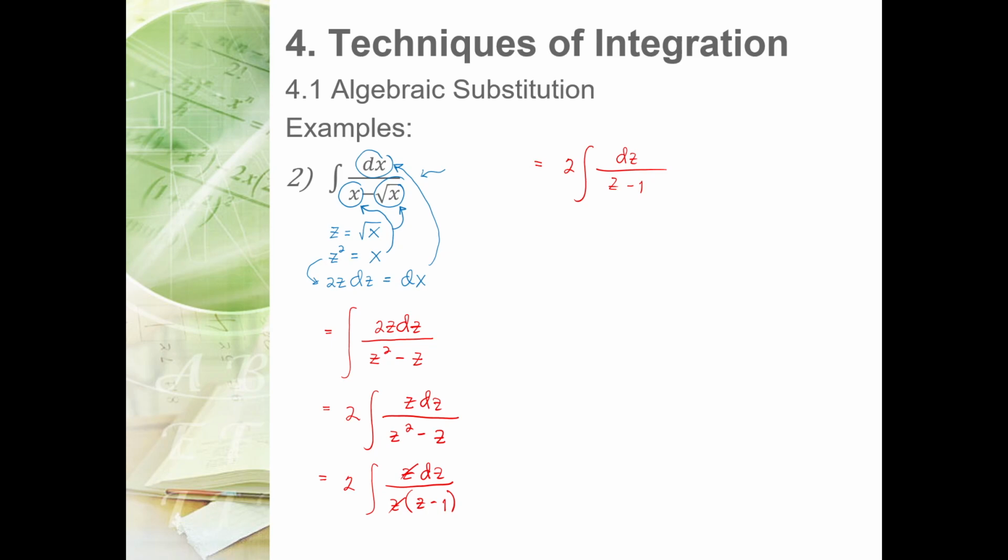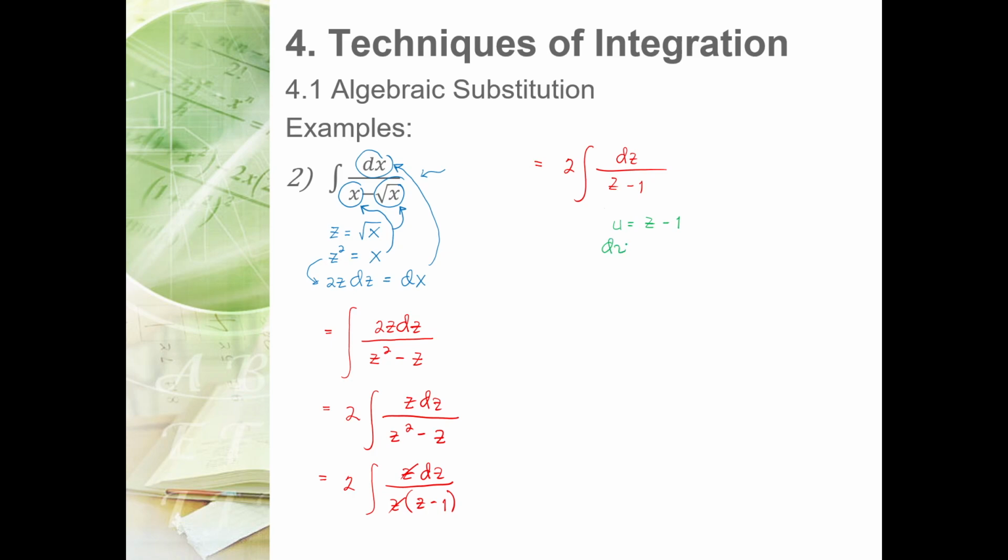So comparing it with the original. If you know the shortcut for this one, usually the answer is ln already, but if you want to verify that it's ln, we have to use the u sub technique here. So let u be z minus 1.